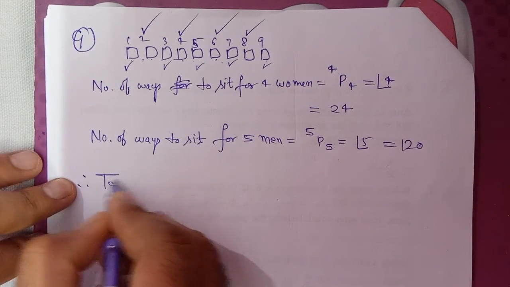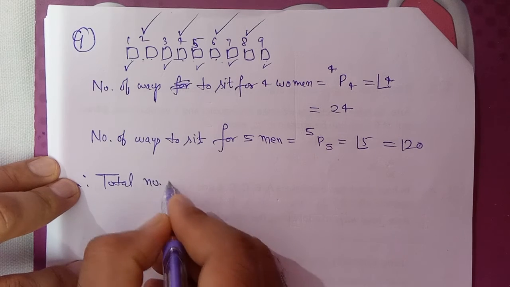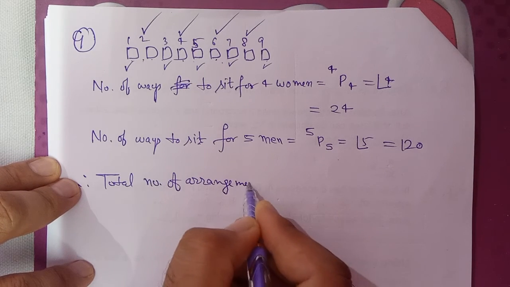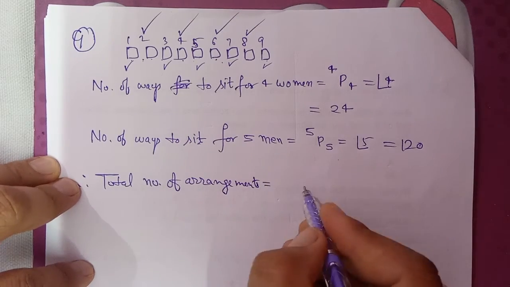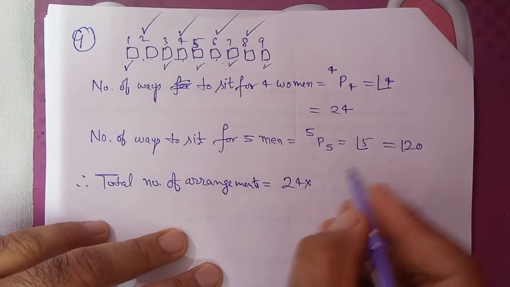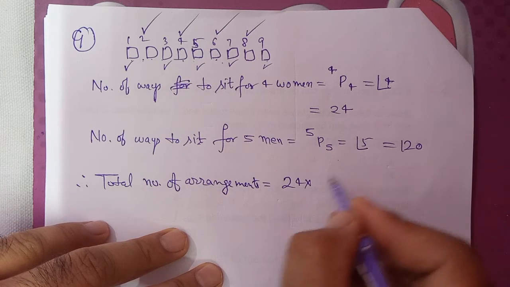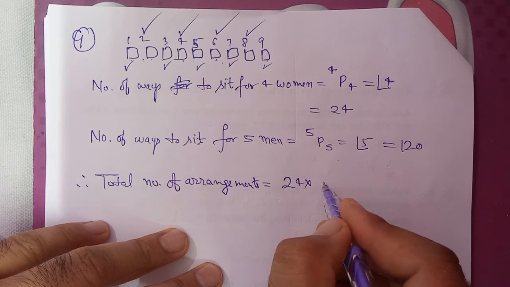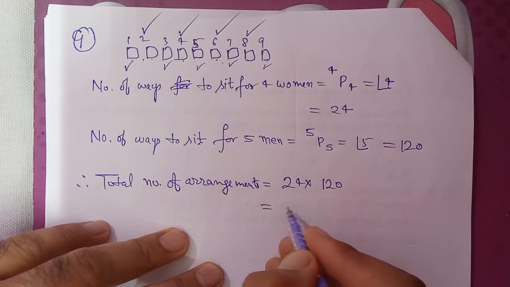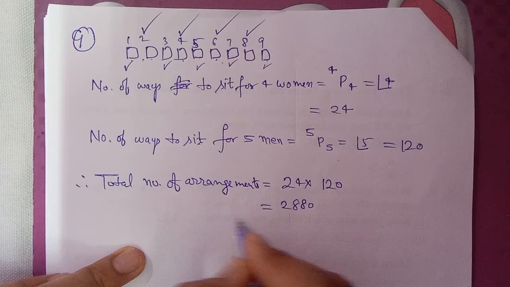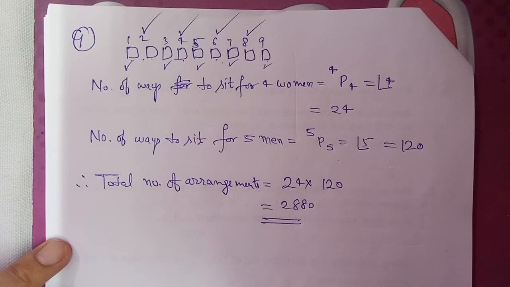So total number of arrangements: these 4 ladies' ways with these 5 male members' ways, first into second, and it will be 2880. You can calculate it.